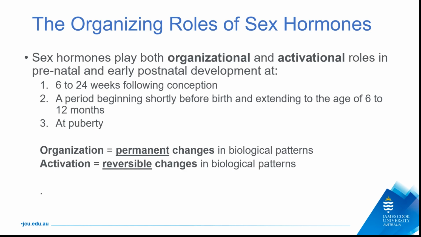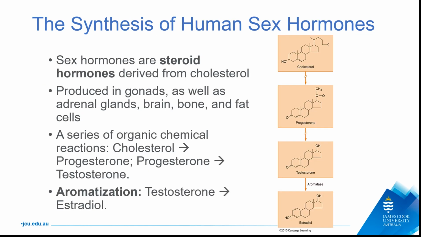Simple as that. And here we talk about steroids, the synthesis of human sex hormones. Essentially, they're all steroids, produced by the gonads as well as adrenal glands, brain, bone, and fat cells. They're all made from cholesterol, which we get from eggs.